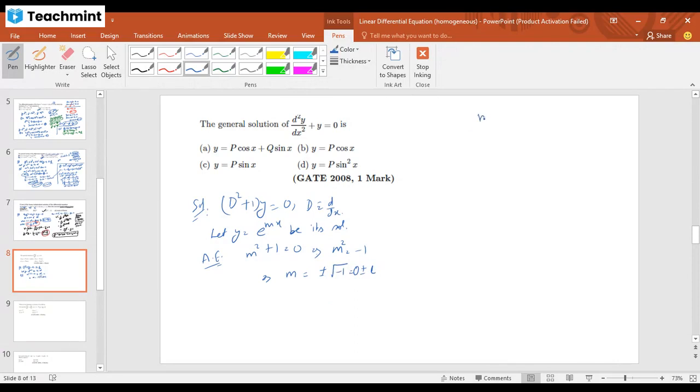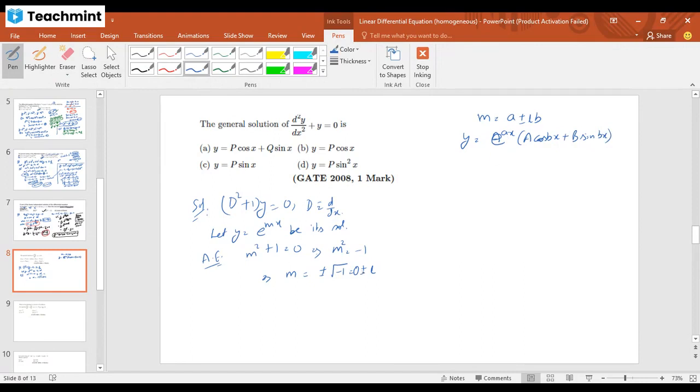And we know that if the roots of the auxiliary equation are complex, a plus minus i b, then the solution is e power ax times (A cos bx plus B sin bx), where A and B are arbitrary constants.